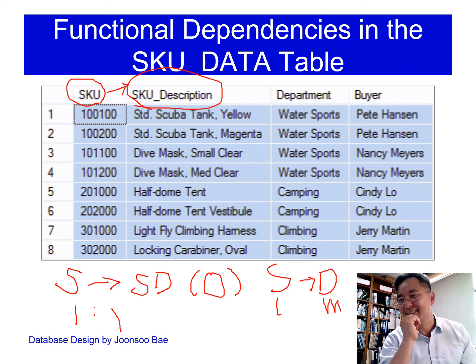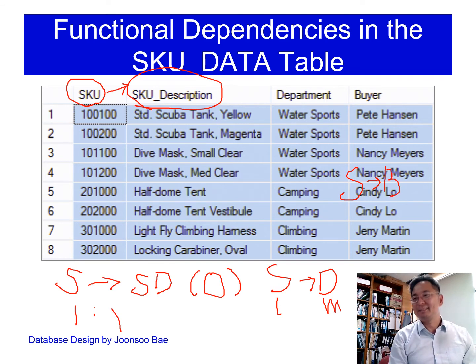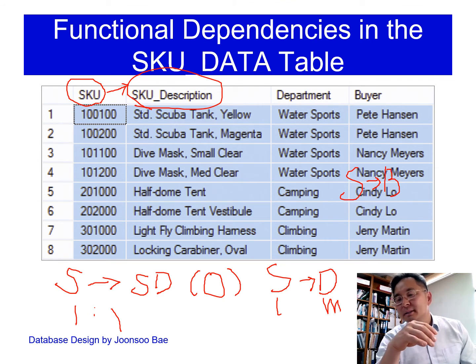Yes, that's true. The same way, SKU will determine buyer. Is it true? Yes, it's true also. But how about the reverse? SKU description will determine SKU. Yes, if it is a one-to-one mapping, then it is also a functional dependency.